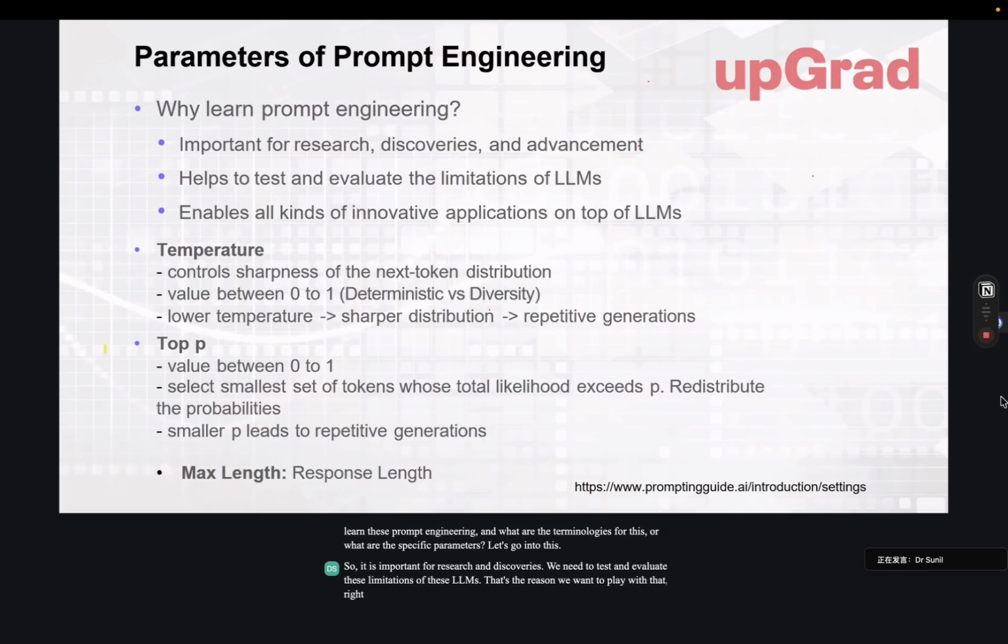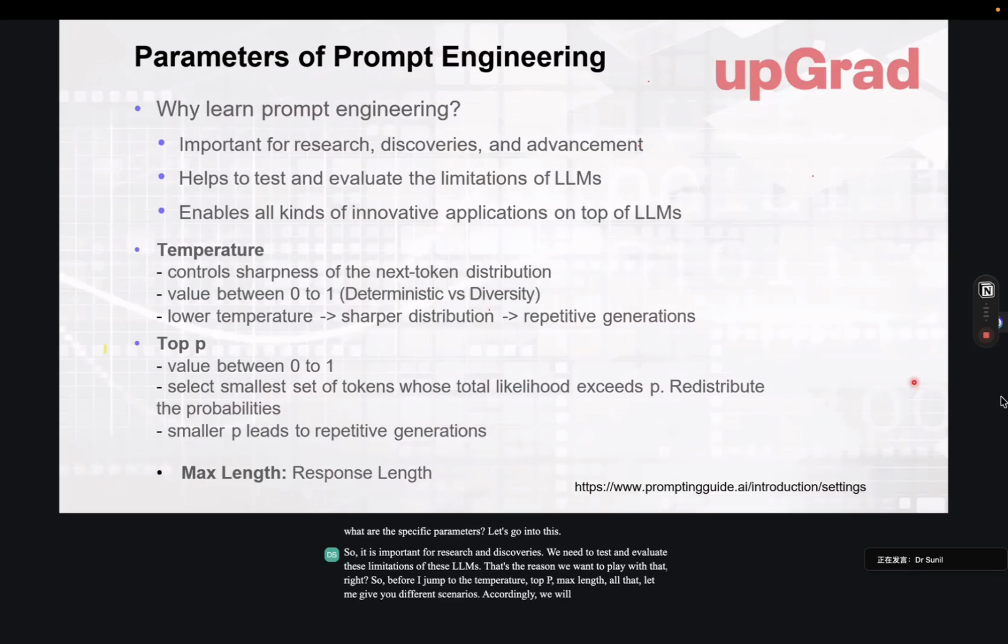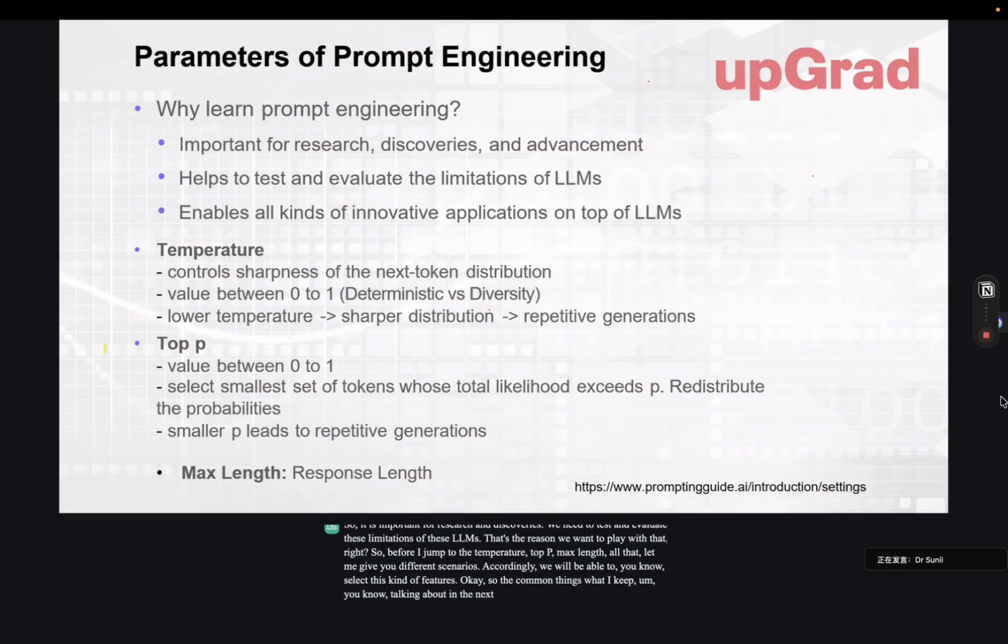So before I jump to temperature, top P, max length, all that, let me give you different scenarios. Accordingly, we will be able to select these kinds of features. The common things I keep talking about in the next 15-20 minutes are temperature and top P. Before defining them, let's get the bigger scenario.